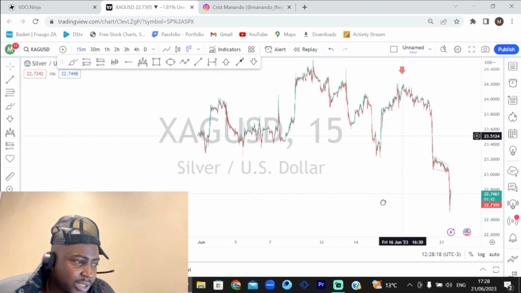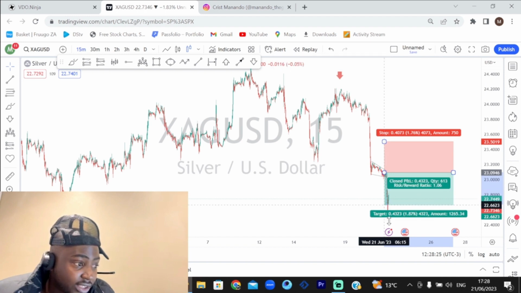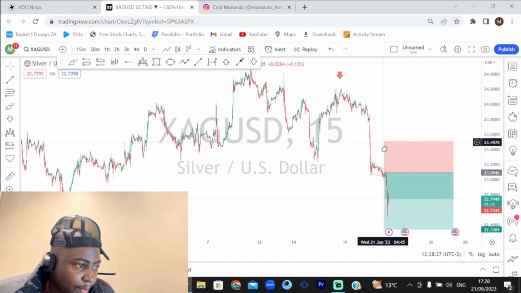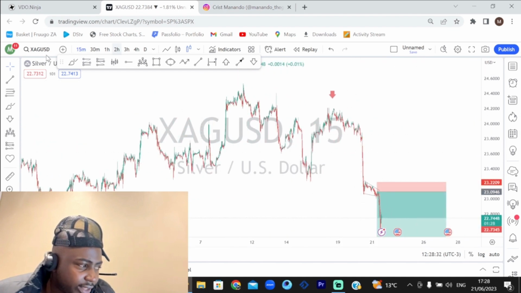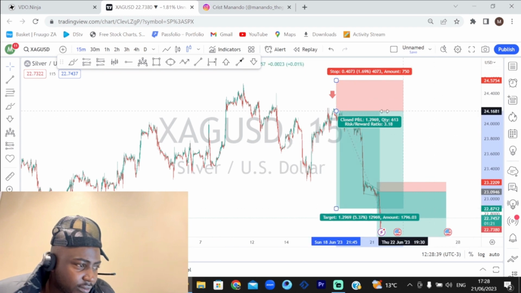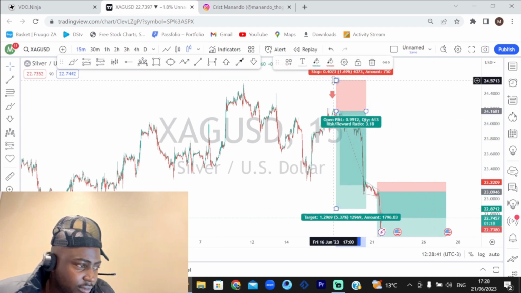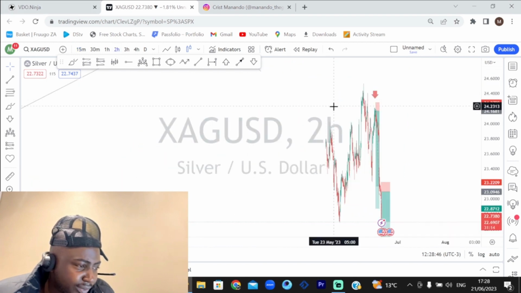So you can see with this pair alone, we had this as the current setup at the moment, right? You could have entered right there, or you could have entered right there, right? Let me just go back to the 2 hourly time frame.